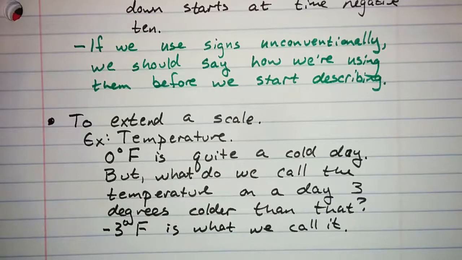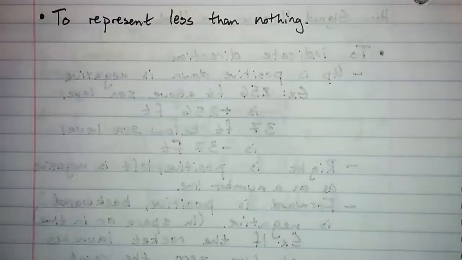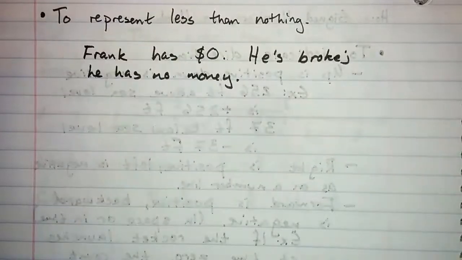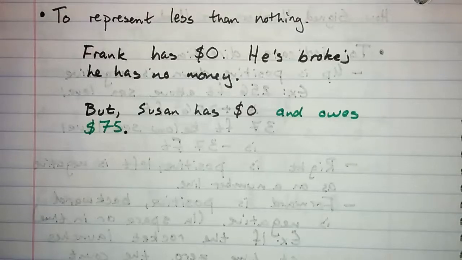And the third way that we use negative numbers is to represent actually less than nothing. What do we mean by that? So, for example, maybe we know that Frank has $0. He's broke. He has no money at all. But Susan also has $0, and at the same time, she owes $75.